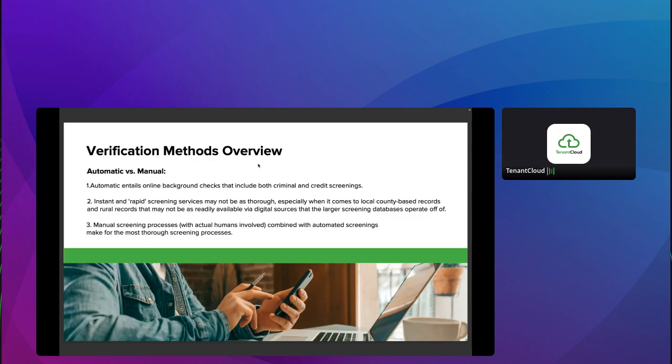There are instant and rapid screening services, but as we discussed at the start of this presentation, a lot of those are not as thorough, especially when it comes to local county based records and rural records from jurisdictions that may not have joined us in this century with digital record reporting, or maybe they're just slow to get information reported online. I live in such a county.